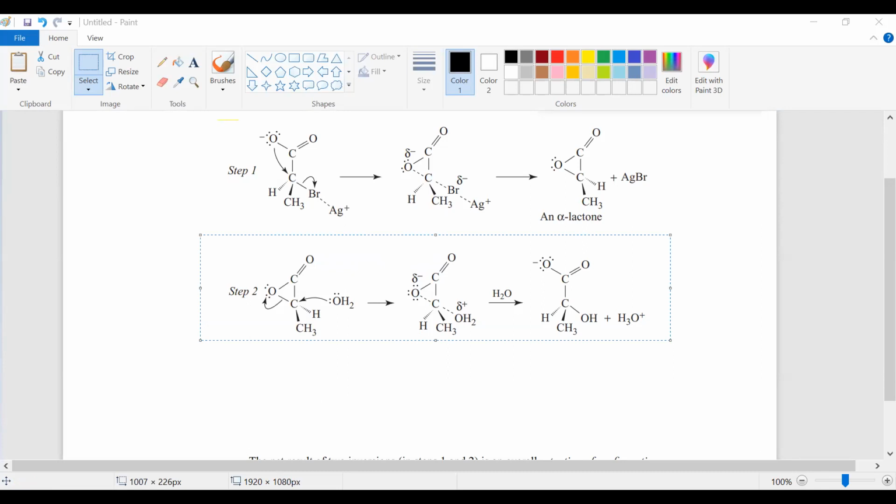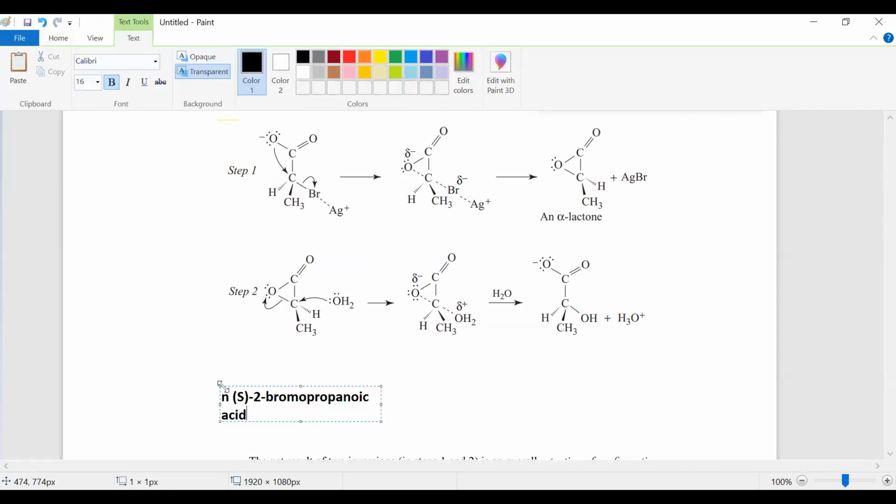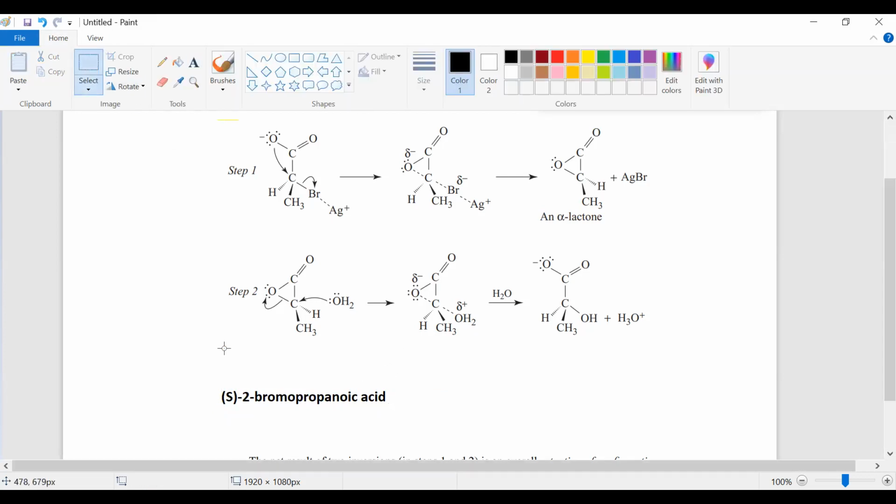You have your S-2-bromopropanoic acid. So 1, 2, 3, propanoic acid in solution.